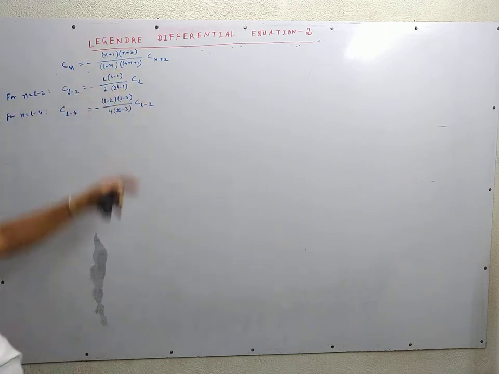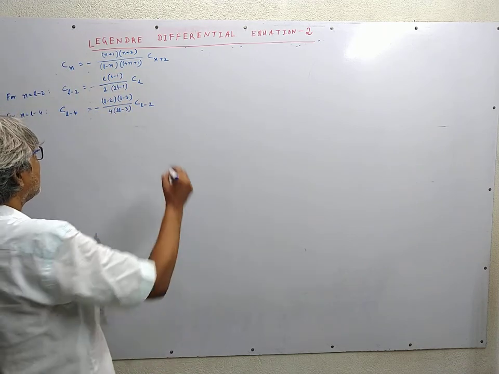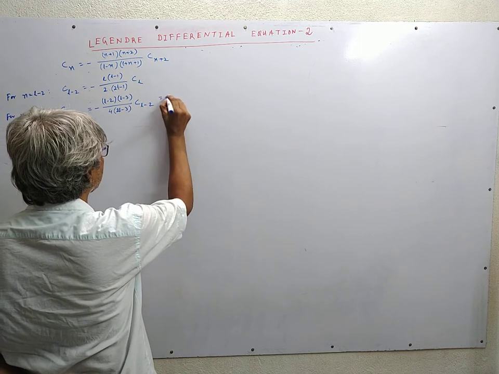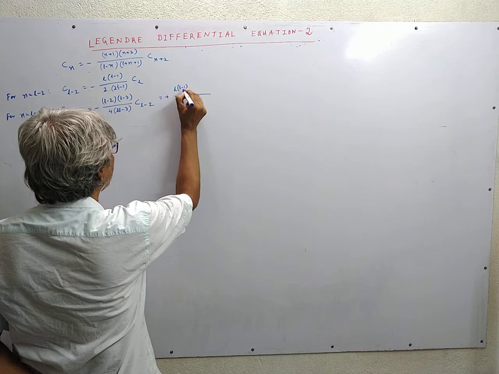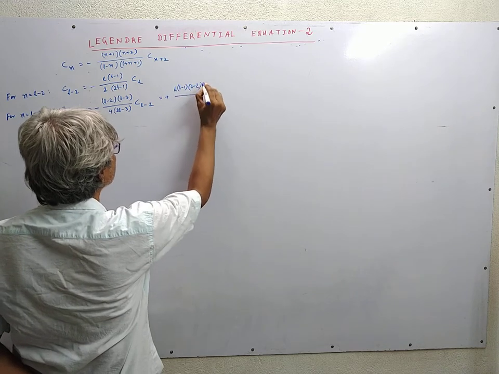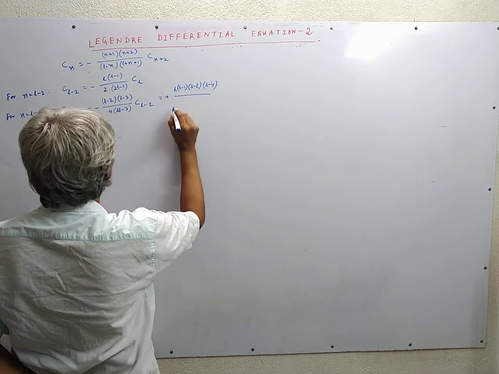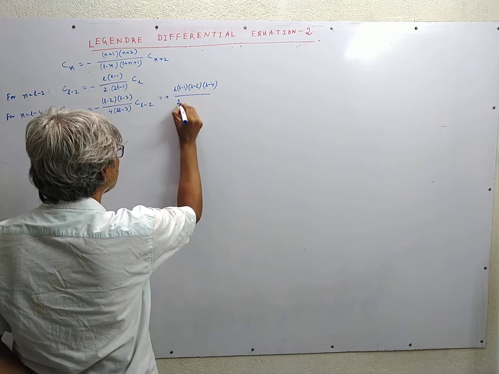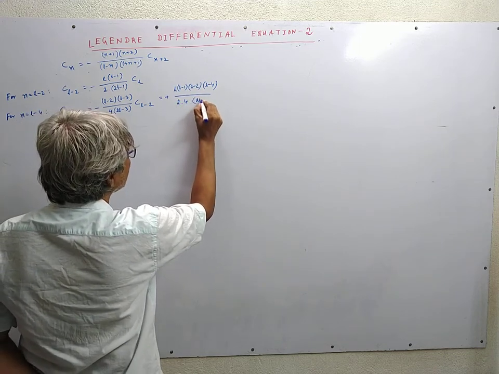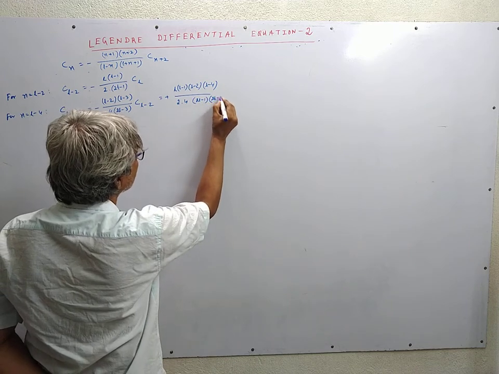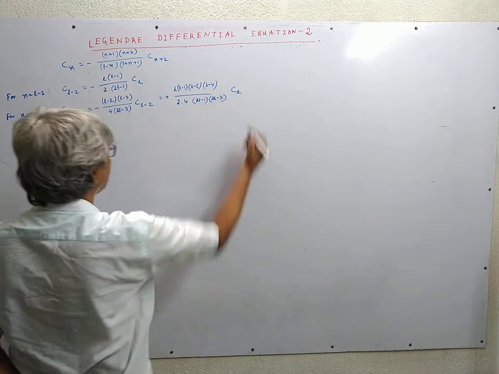If we use the expression of CL minus 2, this becomes plus L into L minus 1, L minus 2, L minus 3, and then we have in the denominator 2, 4, 2L minus 1, 2L minus 3, CL.